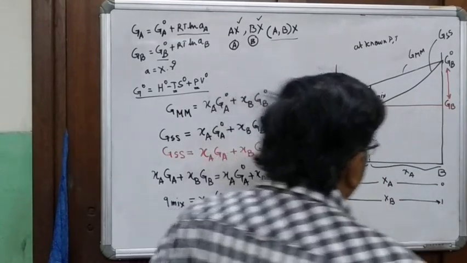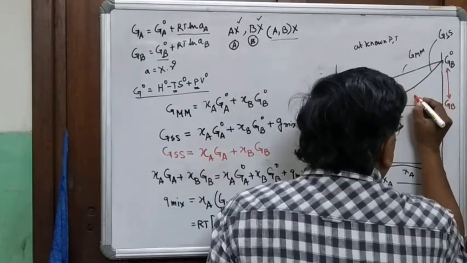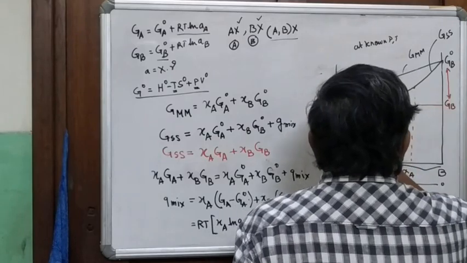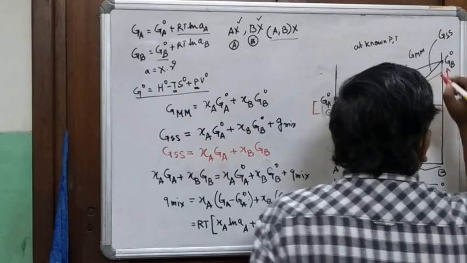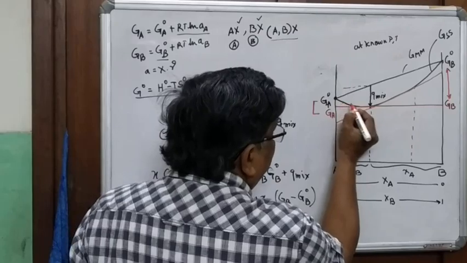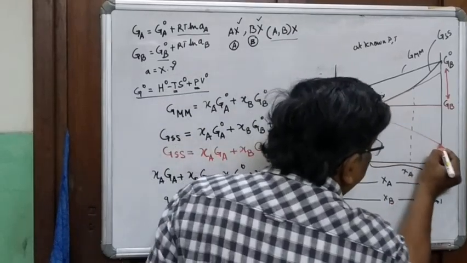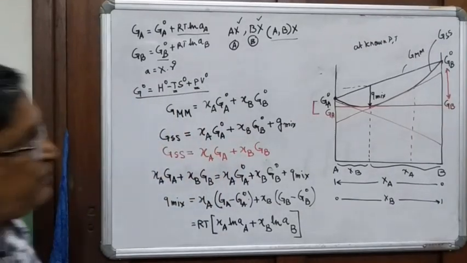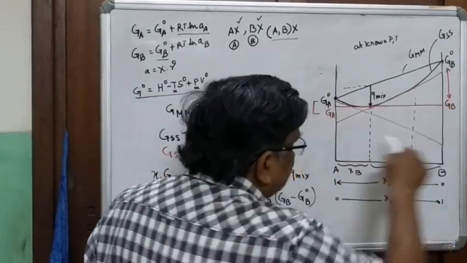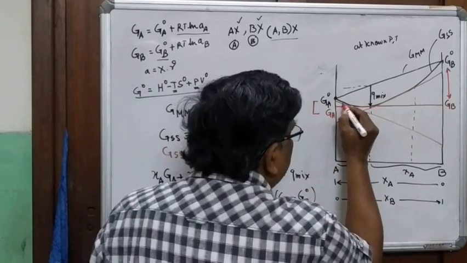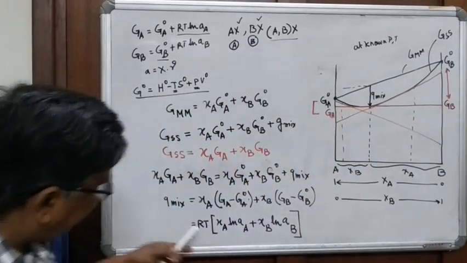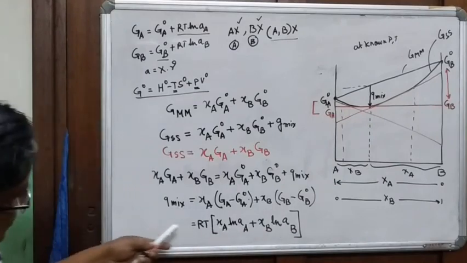So say, for example, if this was your x value, then the slope of the tangent would have been like that. If this would have been the value, the slope of the tangent would have been this. And in all three cases, all will be GB. But GB0 is fixed, and this is a function of the composition. So we have this type of a situation.